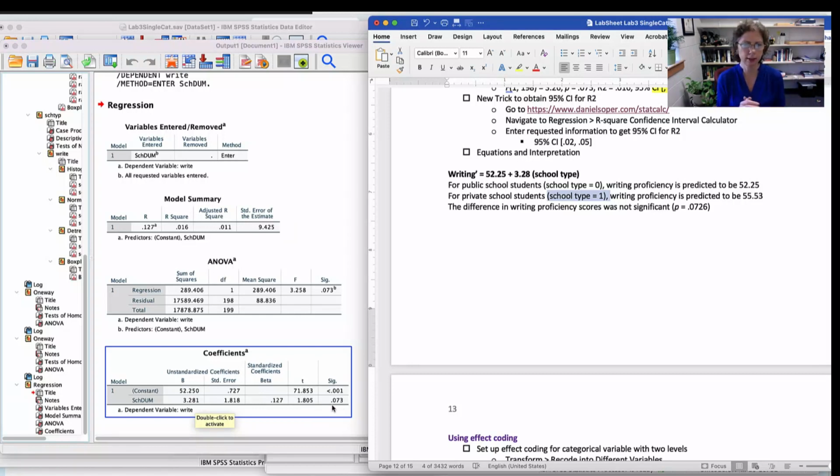And again, when we only have two levels in the categorical variable, the difference between public school and private school is not significant. Well, that means that the difference between private school and public school is also not significant.